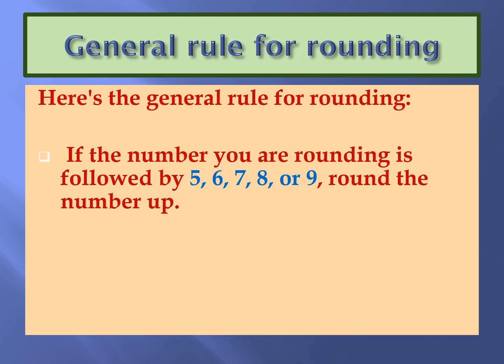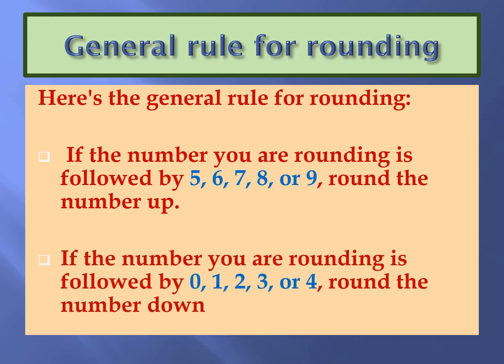So if that digit is followed by, मतलब उसके right hand side पे, बिल्कुल साथ 5, 6, 7, 8 या 9 है, तो number राउंड अप हो जाएगा, मतलब उसमें 1 ऐड हो जाएगा. और इसी तरीके से if the number you are rounding is followed by 0, 1, 2, 3 or 4, round the number down, number की वैल्यू कम हो जाएगी. Got that?